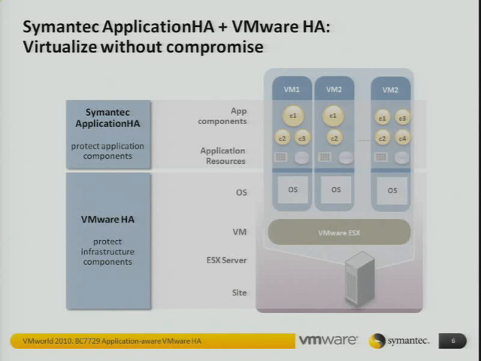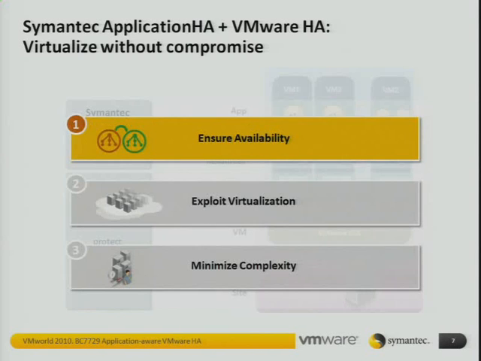So VMware HA with the extension that allows Symantec to build what we're calling Application HA on top of VMware HA. Let me dive into a little bit more detail about how this actually works.